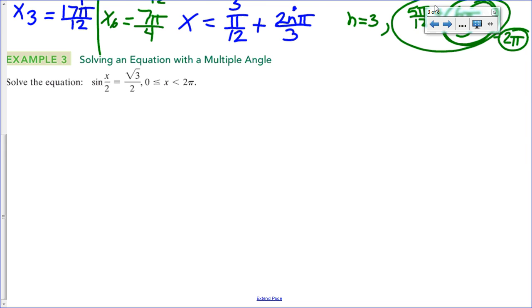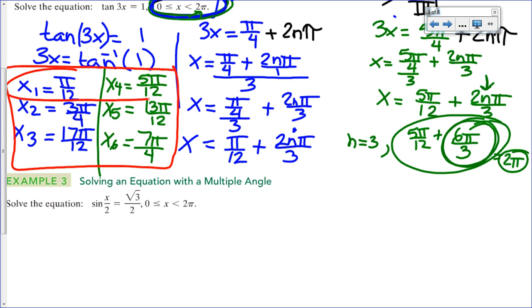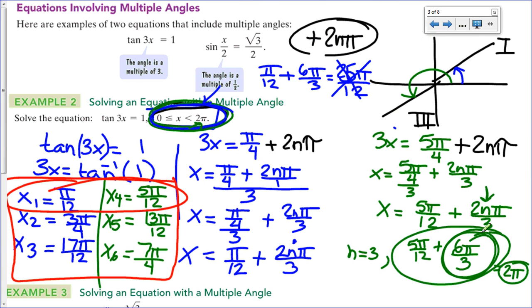Okay, and so I warn you that on my math lab, you might have a few problems like that, where you might be giving just the first 2 solutions and it keeps telling you it's wrong. It doesn't mean that your first 2 are wrong, it just means that you're missing others. So sometimes what I recommend is that you graph, to check your work.